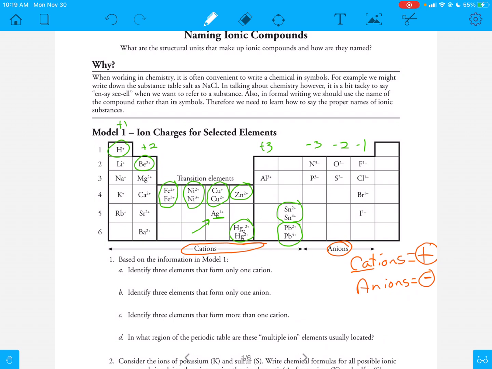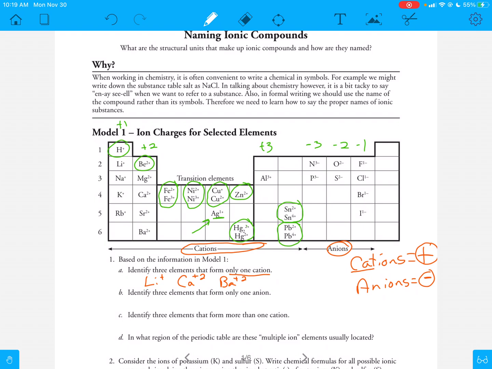Okay, so based on the information in Model 1, identify 3 elements that form only one cation. Well, there's tons of them over here. I could put lithium with a plus charge. I could put calcium with a +2 charge. Or I could say barium with a +2 charge.